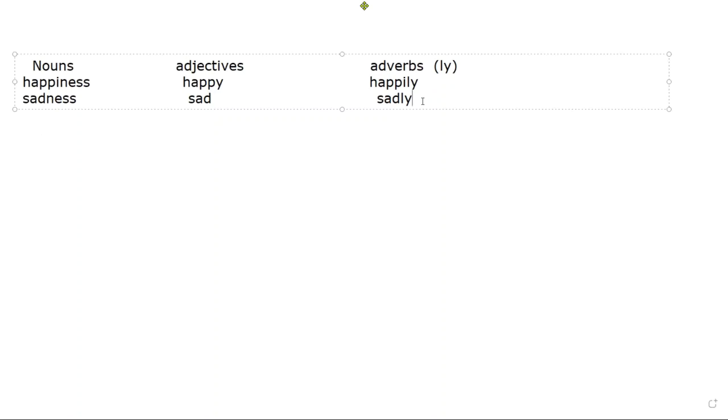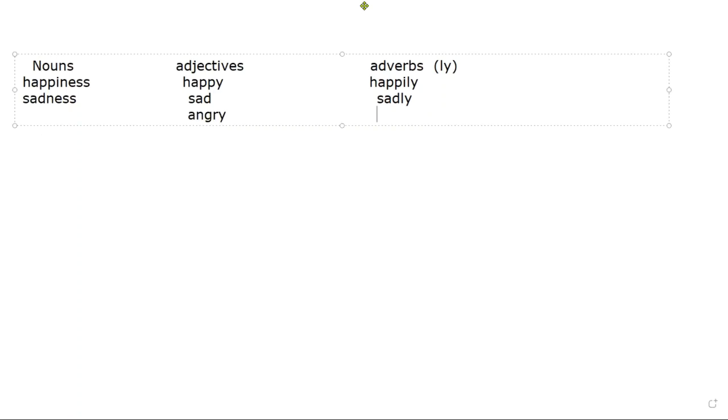All right, one more. Remember, from the adjective, we obtain the adverb. Here we go. My adjective will be angry. Remember, adjectives ending in Y will be changed for an ILY. So the adverb of angry.